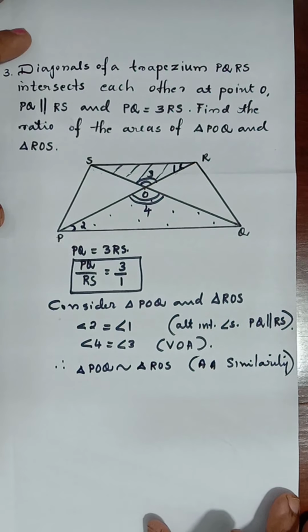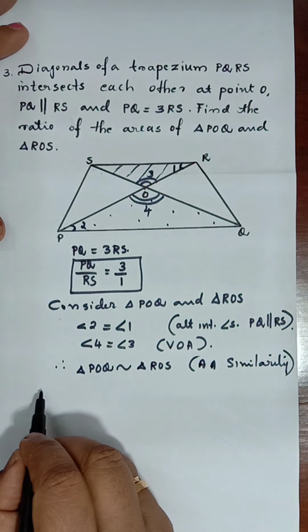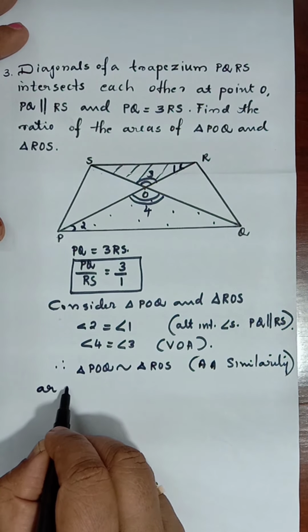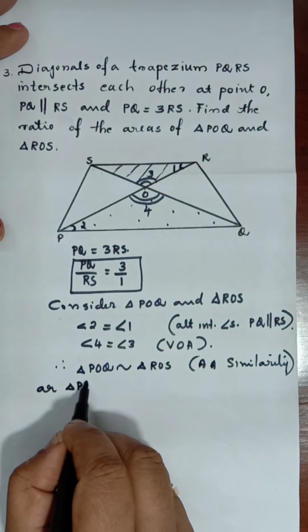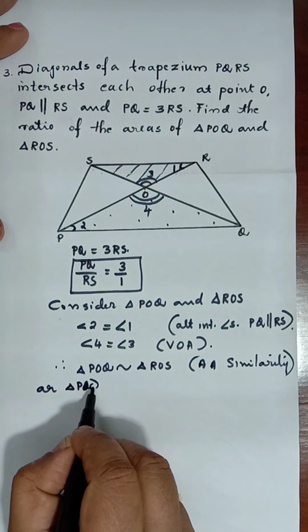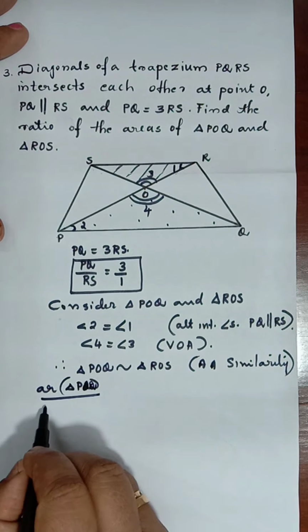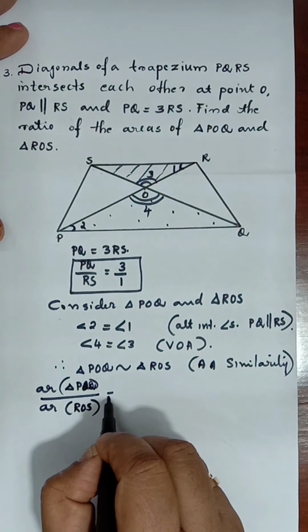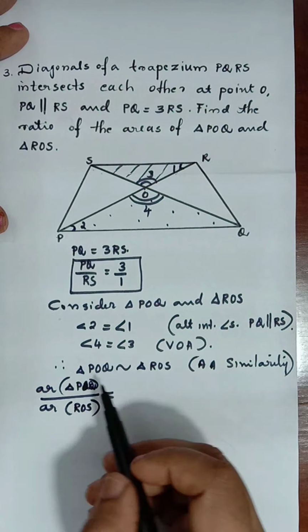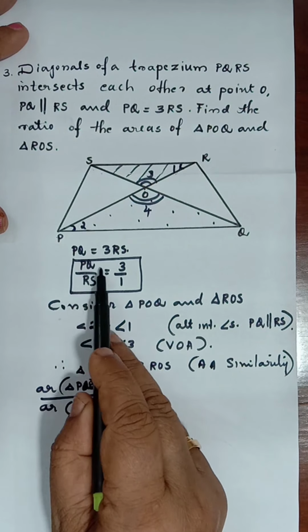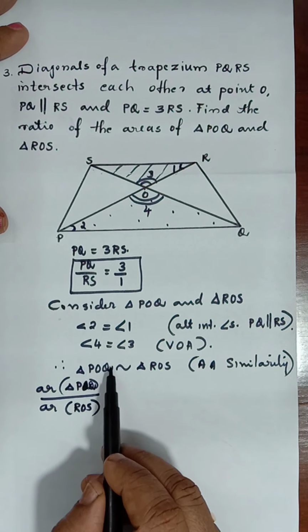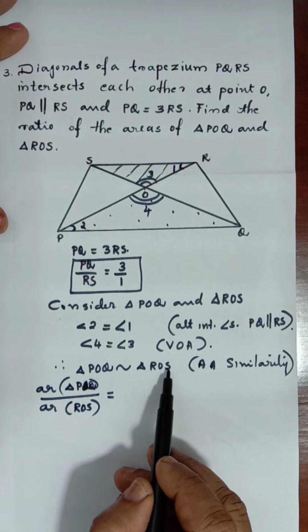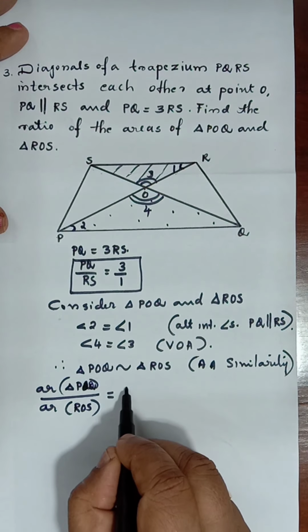If these two triangles are similar, the ratio of the areas of both of them, that is area of triangle POQ by area of triangle ROS, equals the ratio PQ by RS, because PQ is the corresponding side of RS in the other triangle.